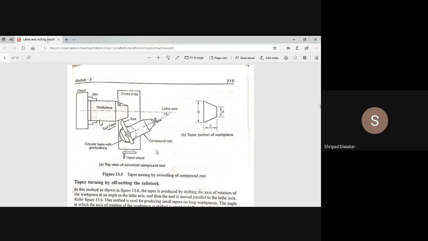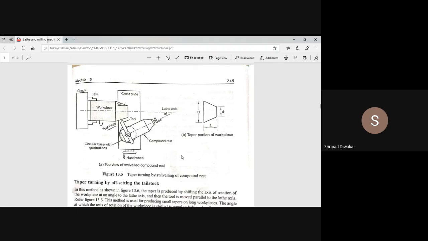Once we get the angle, we have to set that angle on the circular base which is present on the compound rest. Once you set the angle, the tool automatically moves from this end to this end, thereby generating the conical surface. This is called taper turning by rotating the compound rest.